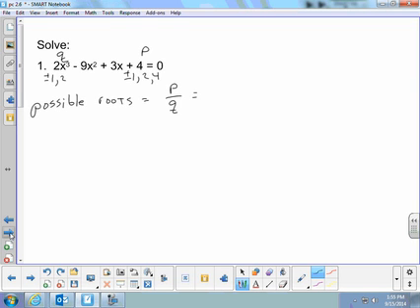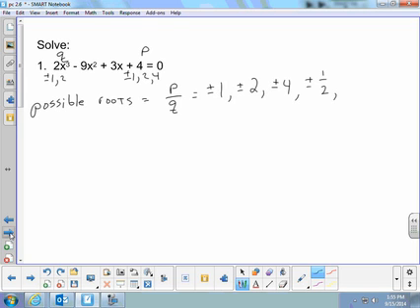So, if I want to figure out every single ratio, it's 1 over 1, 2 over 1, 4 over 1, 1 over 2, 2 over 2, which is 1, we already have that down, and 4 over 2, which is 2.